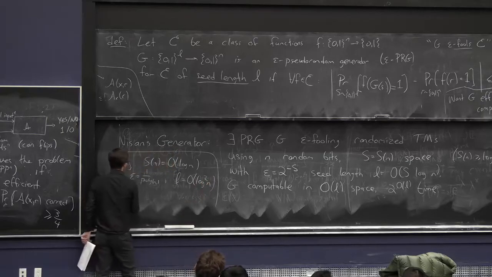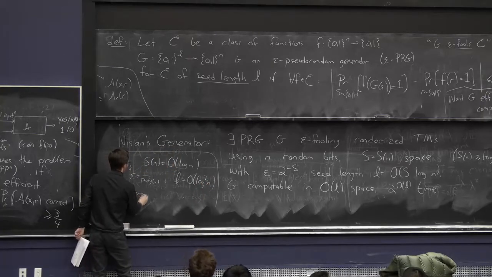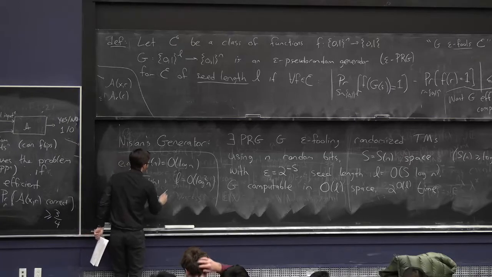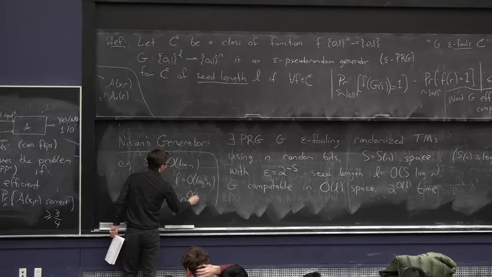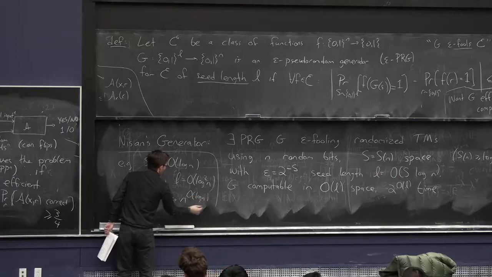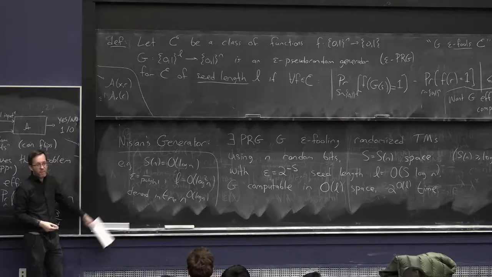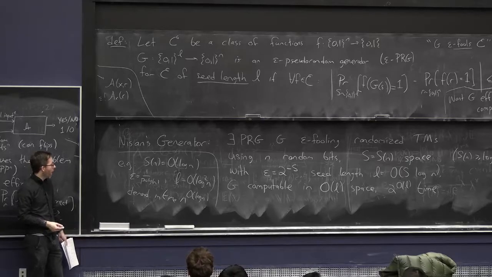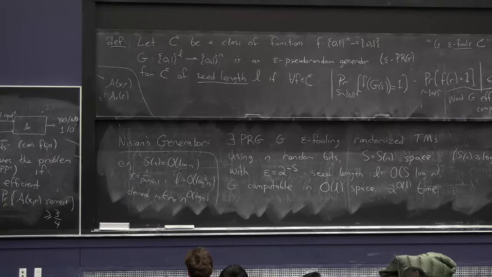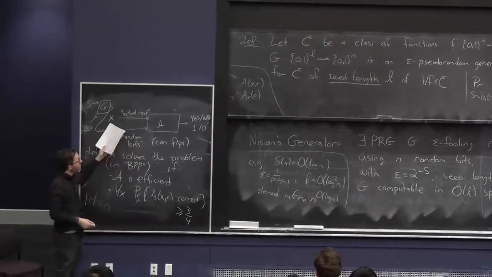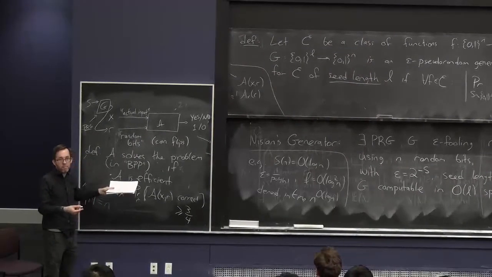In particular, that means you can de-randomize in time exponential in this, which is like n to the order log n. Okay, this is often called quasi-polynomial time. It's not polynomial time, but it's a lot better than the naive algorithm of trying all possible random strings, which would take 2 to the n time.